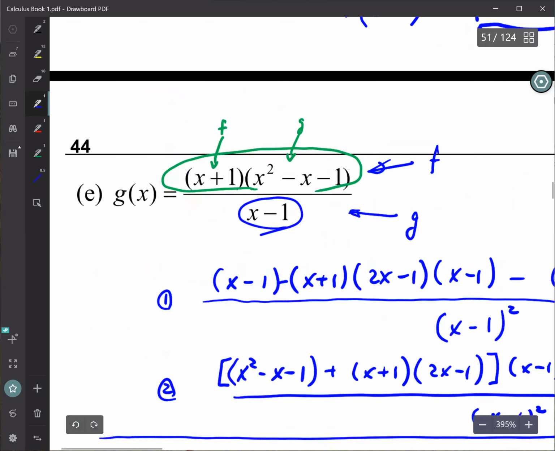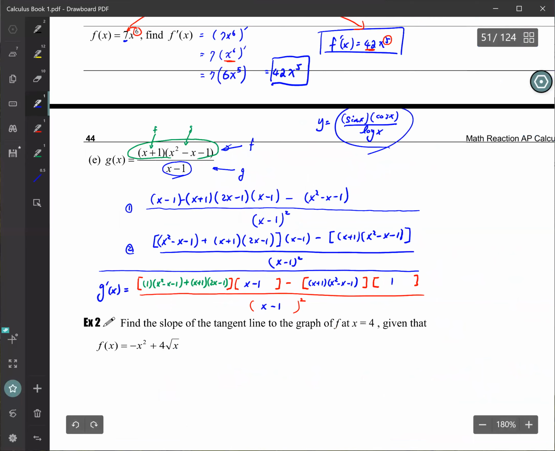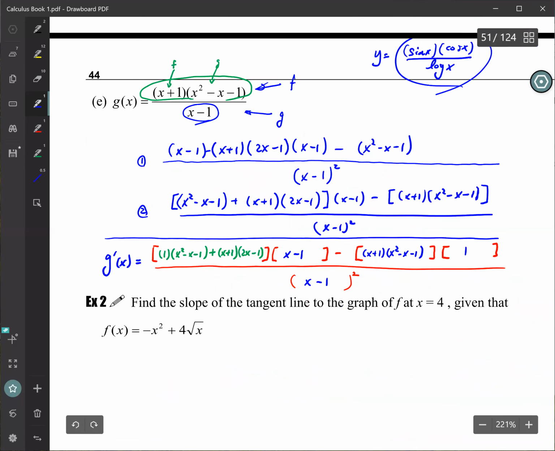Otherwise, if you see a question like this in the homework, it will be easier if you expand the top first, make it into a single polynomial and then just do the quotient rule. Okay, but this is a good practice. All right, so any questions about this one? Okay, this is a mix of product and quotient rule.